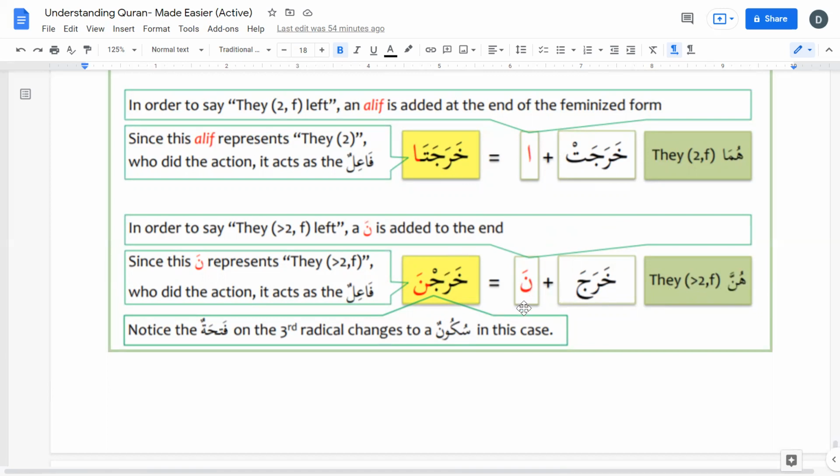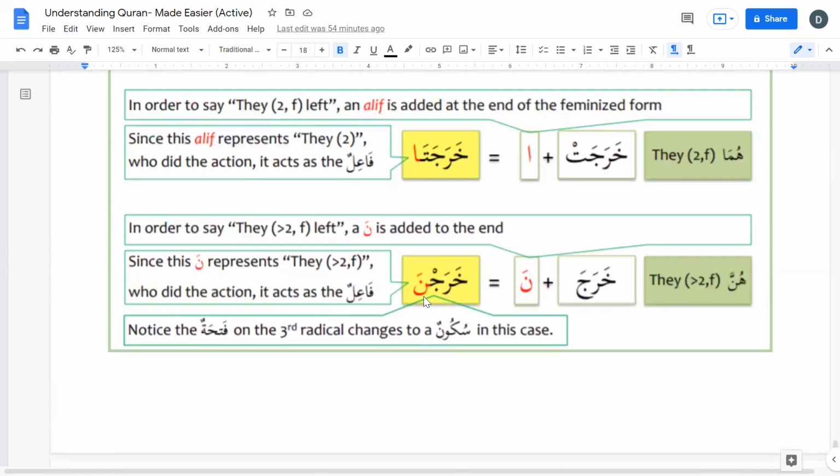So we can see it, kharajna. So this hunna needs a sukoon on the lam kalima, which is a requirement for this hunna version. That's why kharajna. And this noon is called nun an-niswa.